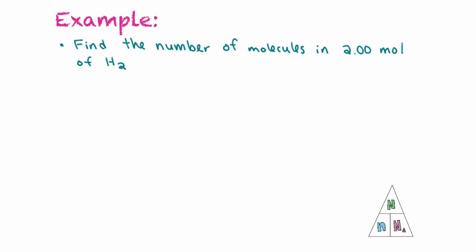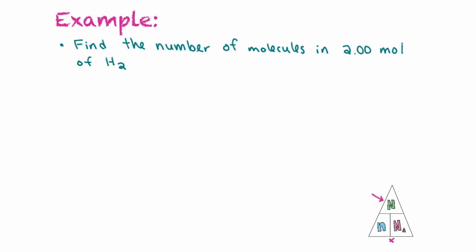In our first example, we're being asked to find the number of molecules in 2 moles of hydrogen. So if we take a look at our triangle down here, we want to find out this variable right here. So we want to know the number of molecules, so the number of particles. So if we covered that value up, we would multiply the number of moles, which we know, and Avogadro's number, which we always know, and then we can find out the number of particles.